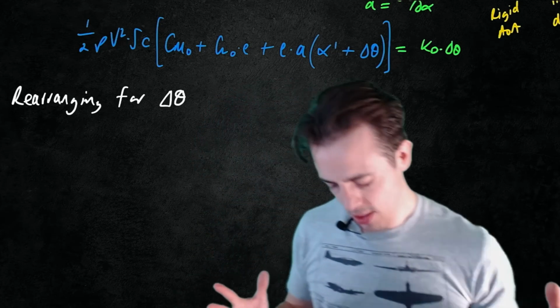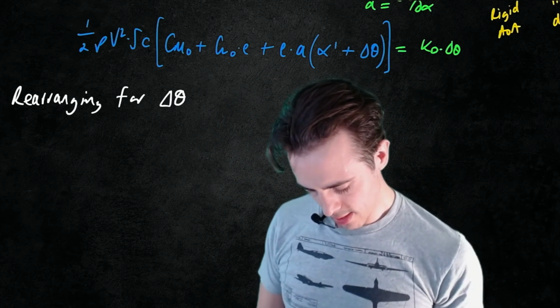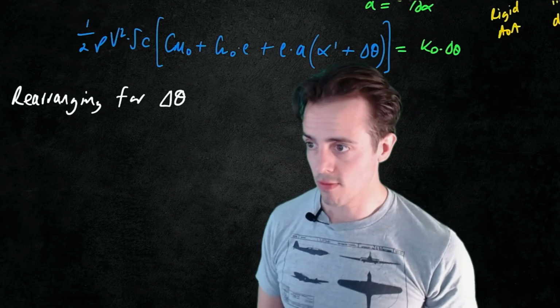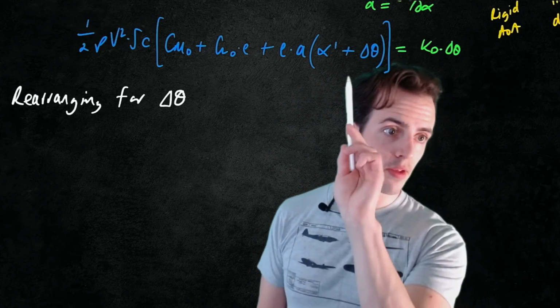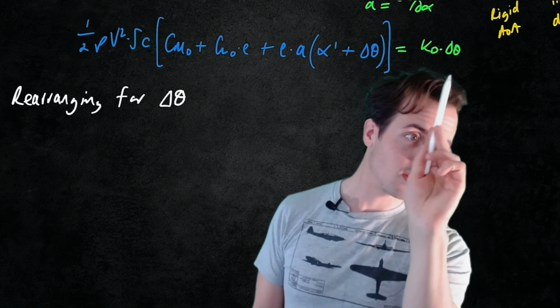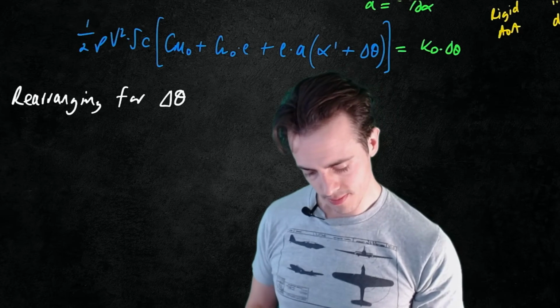I'll leave you guys to rearrange this in your own time, but we should be able to see that delta theta is in both the left and the right hand side, so we're going to have a fraction, where it's in some terms on the left hand side and in one term on the right hand side, so we're going to end up with a fractional expression for delta theta.